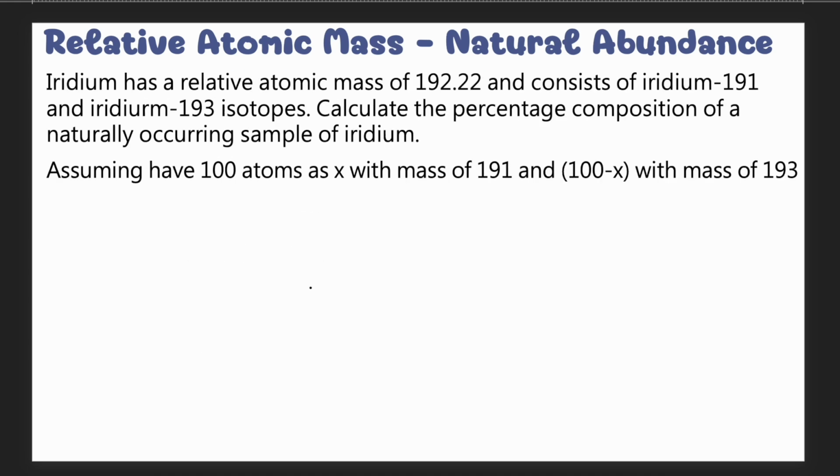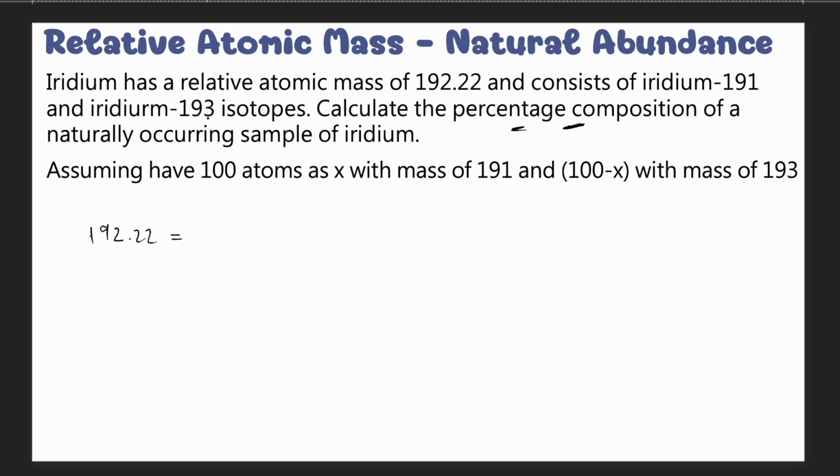Next, iridium, Ir, has a relative atomic mass of 192.22. So 192.22 equals, because the question is the percentage composition, again the natural abundance, because it's percentage. So we've got 191 and 193.